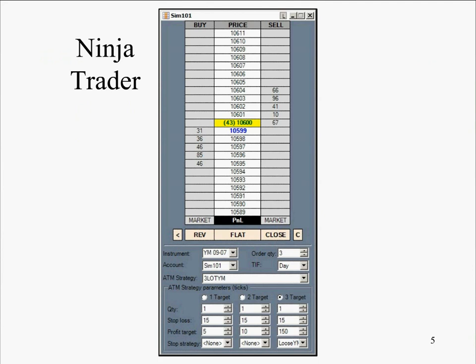It shows the profit target on the first one as 5, profit target on the second one is 10, and then you have to put in some sort of profit target. You can't put unlimited, so I just put 150 in there for the third one, and then I set it up where it has a loose trail. Okay, so all that can be automated, where all you need is the actual entry, and then the money management part is taken care of for you.